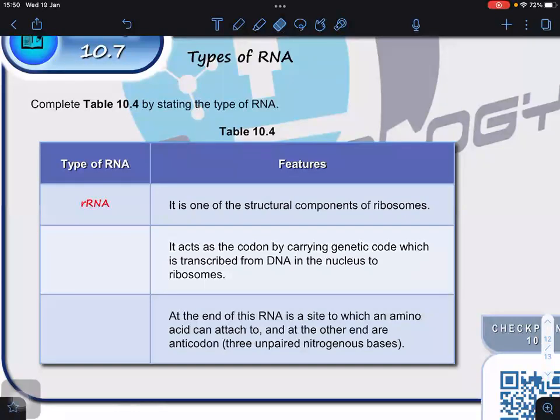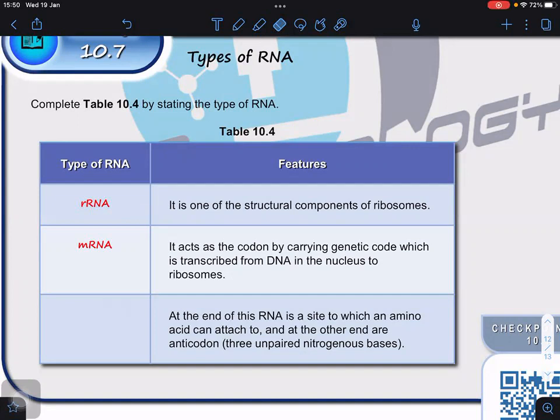So the answer for the first one is rRNA. Now next, it acts as a codon by carrying the genetic code which is transcribed from DNA in the nucleus to the ribosome. So it is involved with transcription. So this one must be messenger RNA, or mRNA.